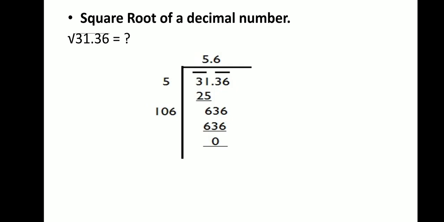Now I need to find the largest possible digit to fill the blank along with 10 and along with 5 point in the quotient, which will also be the new digit in the quotient, such that when the new divisor is multiplied by the new digit in the quotient, the product should be either less than 636 or equal to 636. If I take 106 into 6, I will be getting 636, and the remainder is 0. So the square root of 31.36 is equal to 5.6.